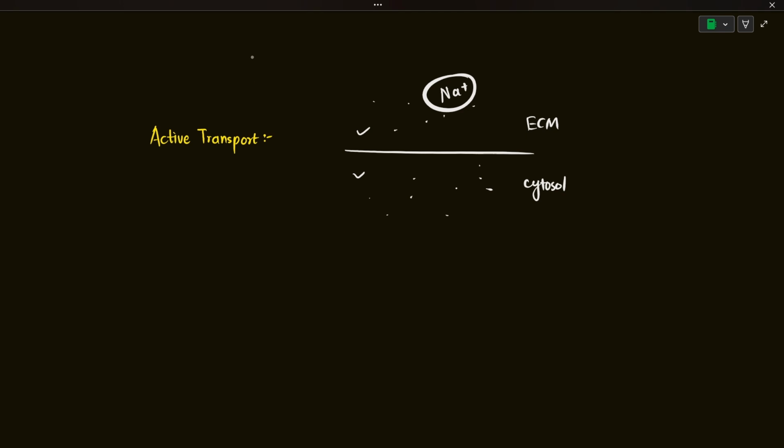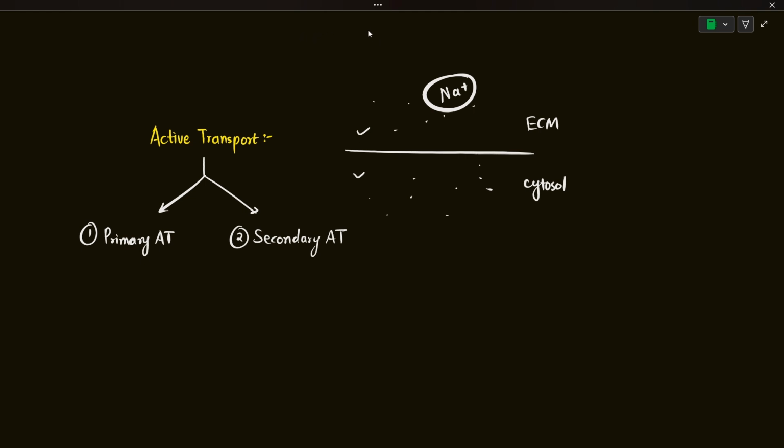So the energy that is used for bringing out this change to do this active transport, depending on which type of energy is used, there are two main categories of active transport. The first one we call primary active transport, and the second one we call secondary active transport.